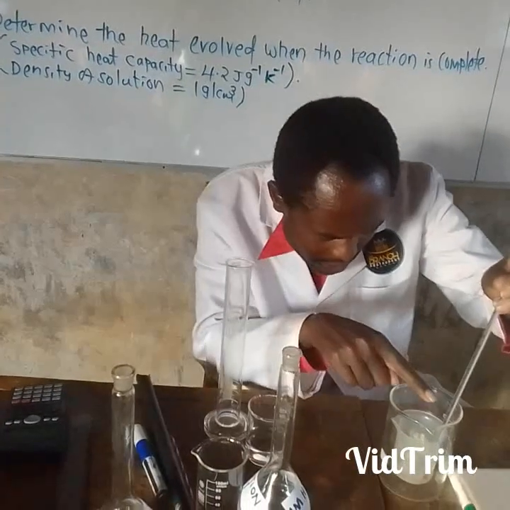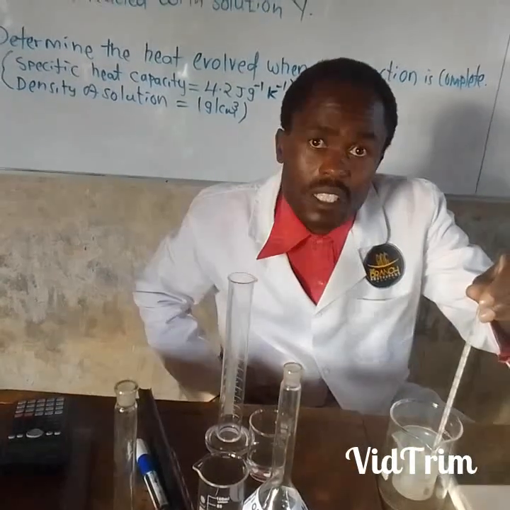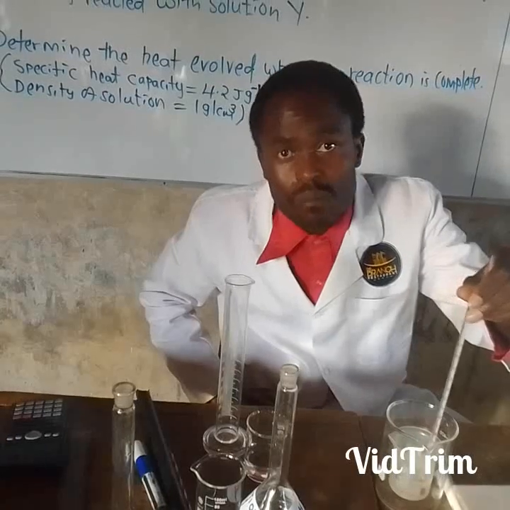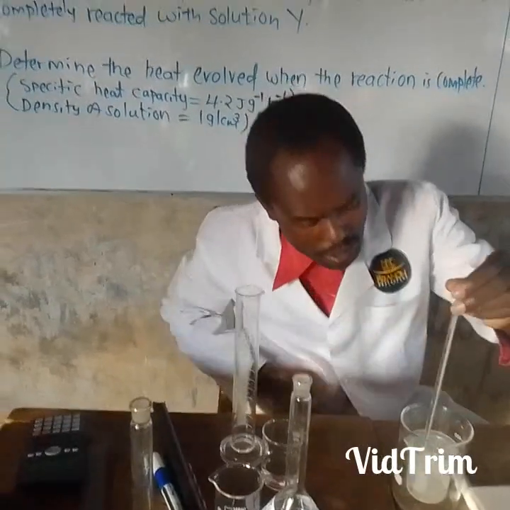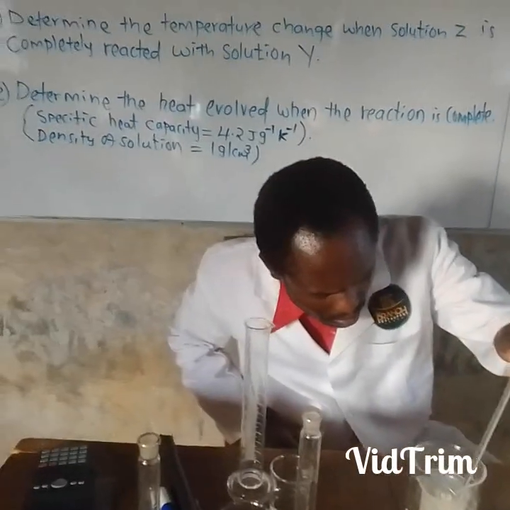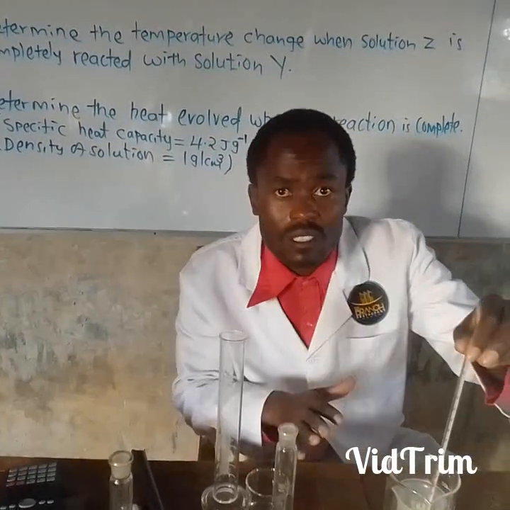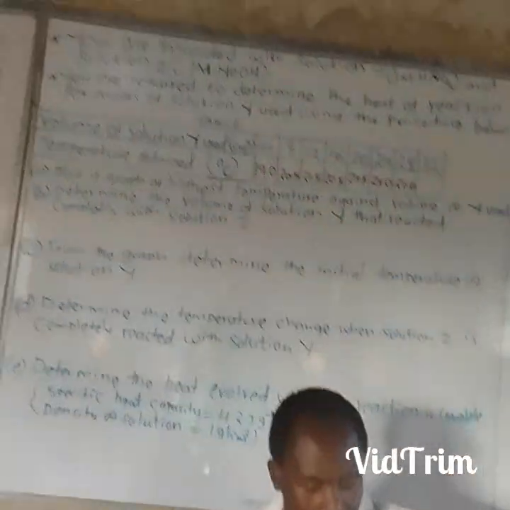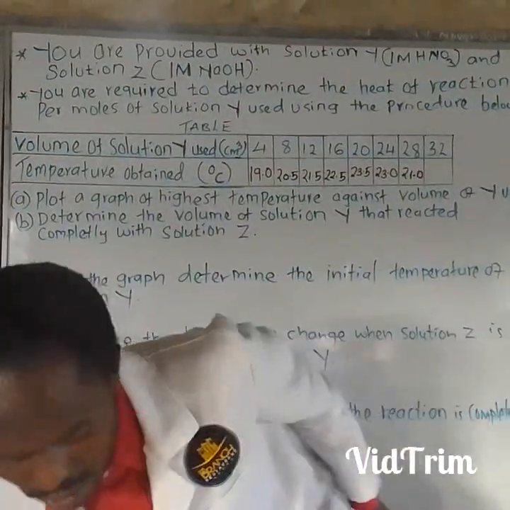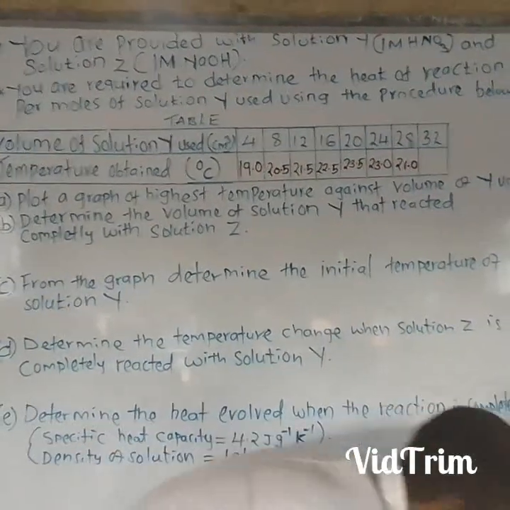It is now at 19.0. It has dropped to 19.0. And it has stopped there. It is no longer dropping. So I have also to record the same in the table, my student.